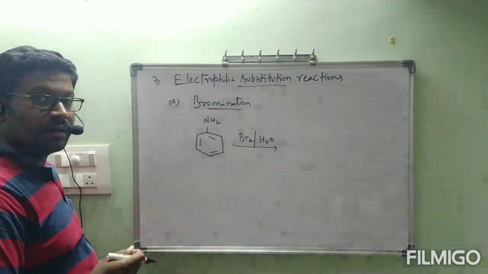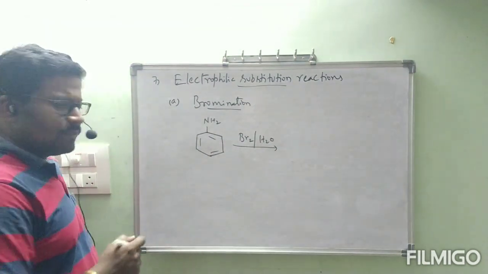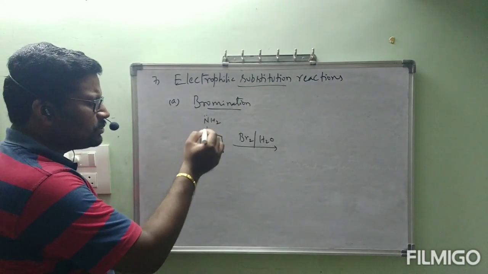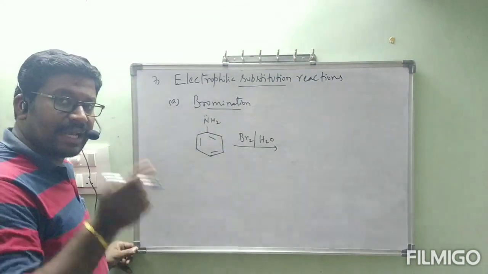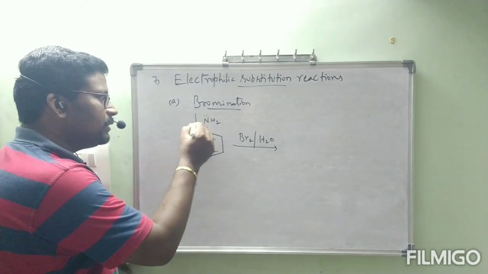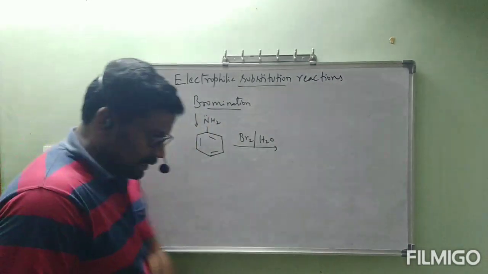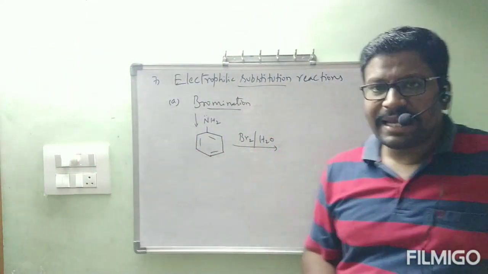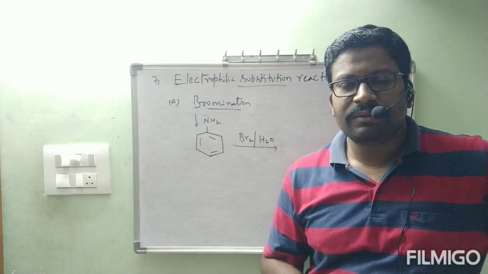Br2 which is dissolved in water. Okay, actually this nitrogen, NH2 group present on benzene ring, it is a highly active group. And one more thing, it is an electron donating group.